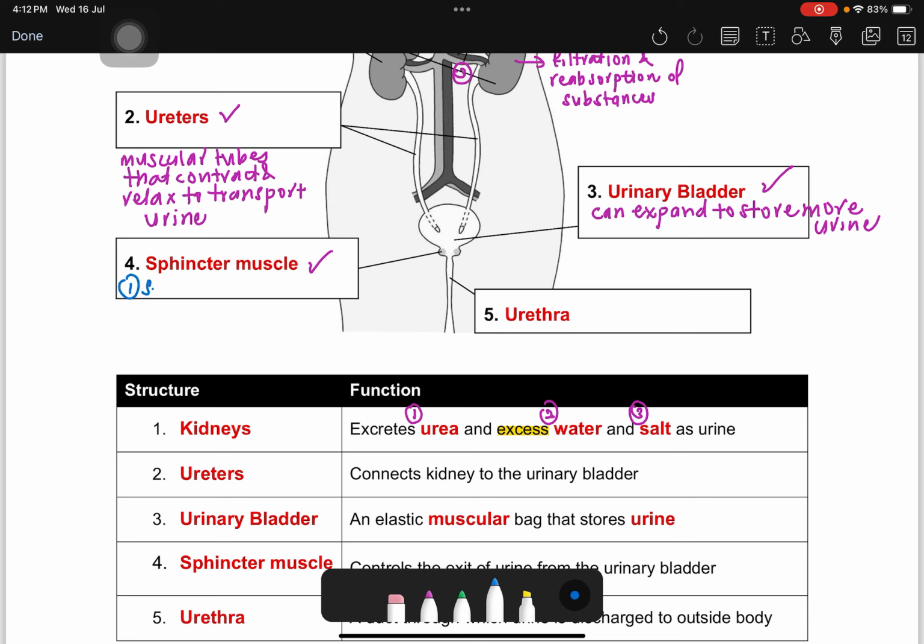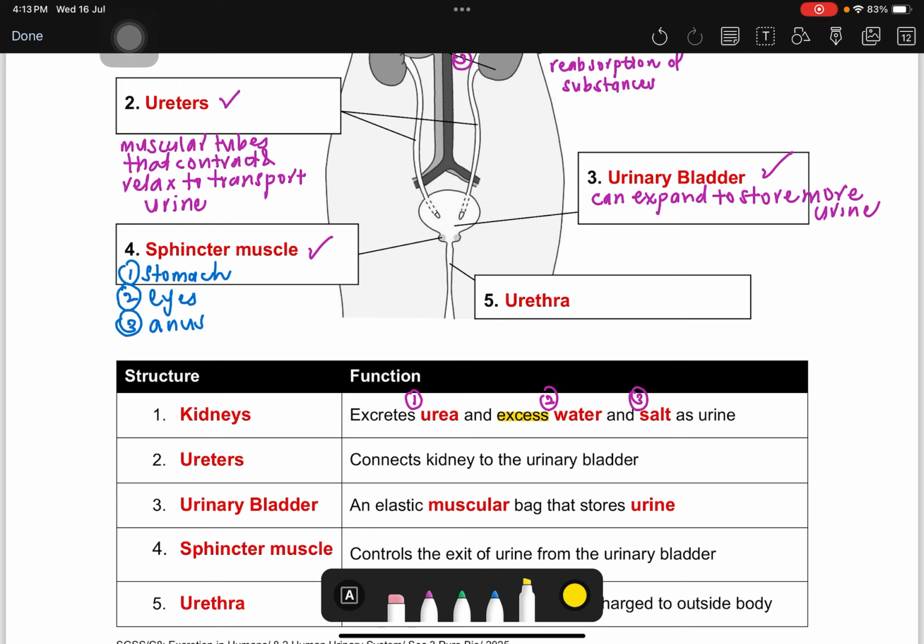If you think about the stomach, indeed, it can also be found in our eyes as well, which we'll learn in a bit, to help with dilation and constriction of our eye. Alright, and you can also find sphincter muscle in the anus as well, which controls the movement of component substances in and out. Alright, so the sphincter muscle controls the exit of the urine.